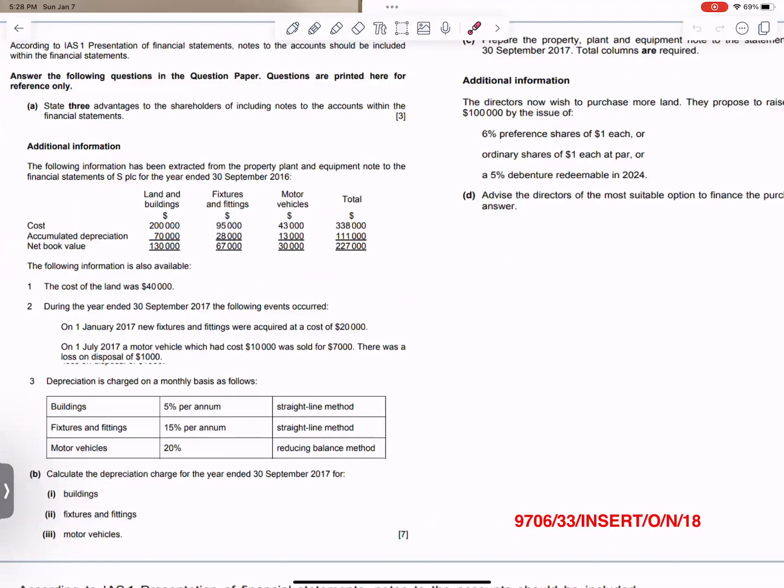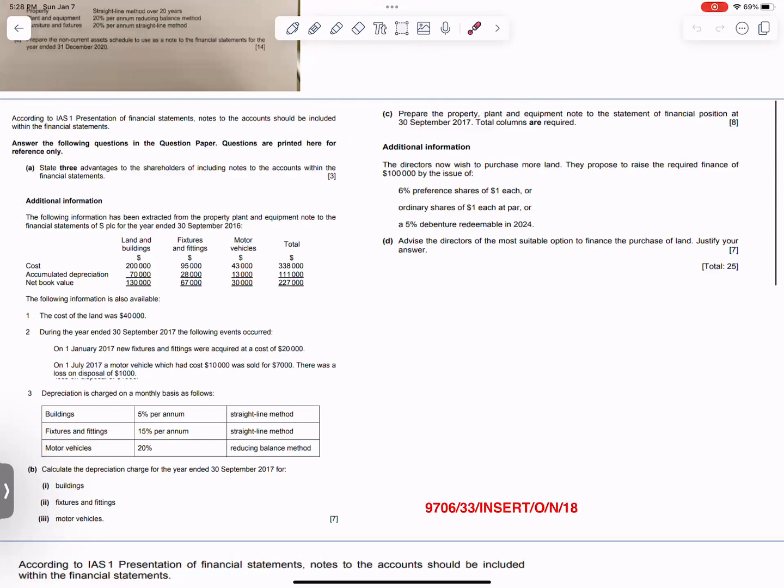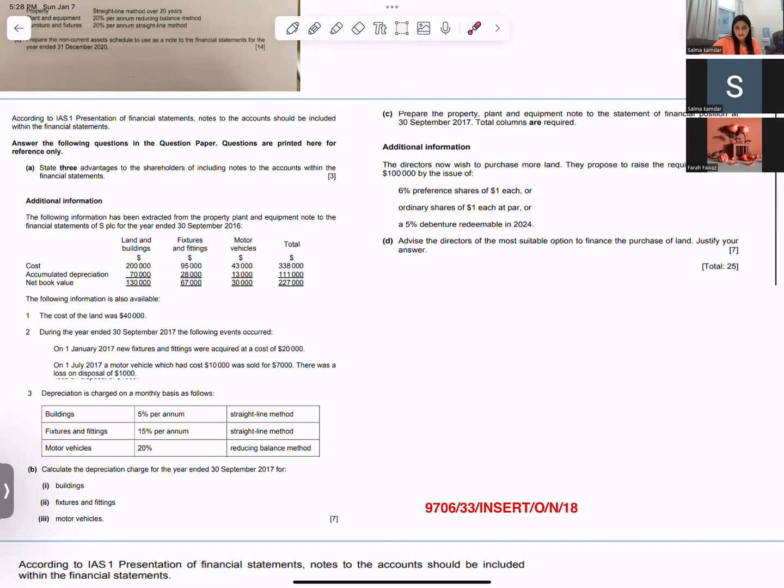Can we read it? The following information has been extracted from the property, plant, and equipment note to the financial statements of SPLC for the year ended 30 September 2016. Okay. So how many non-current assets do you have?